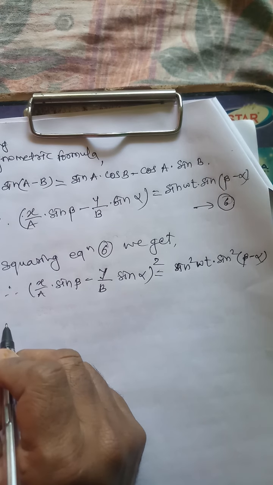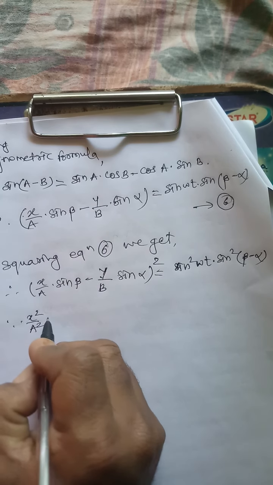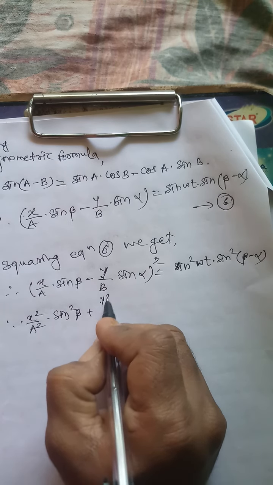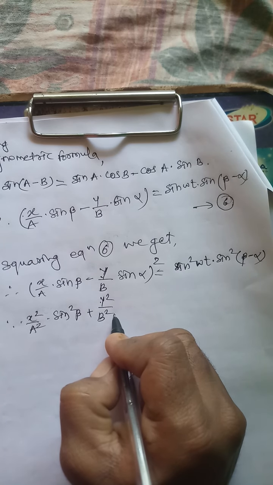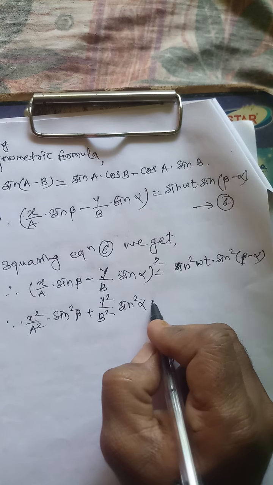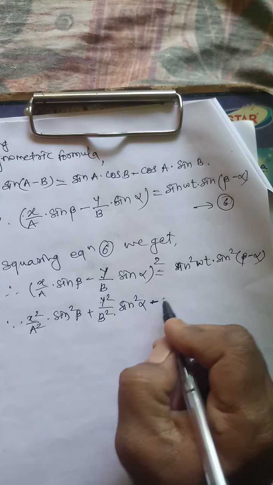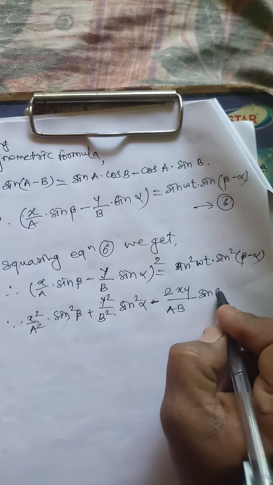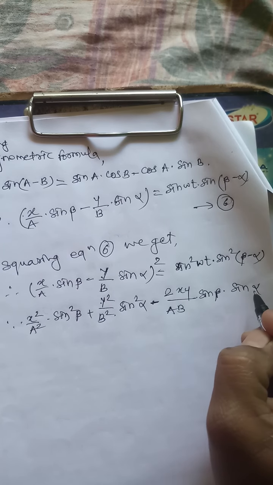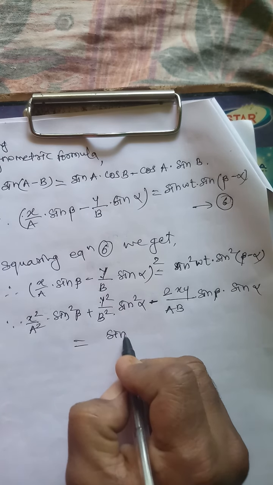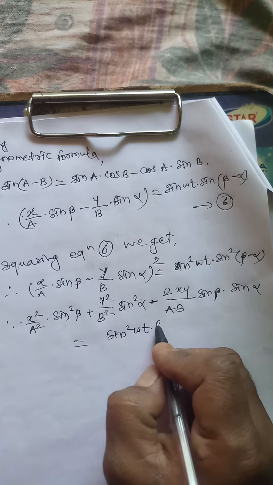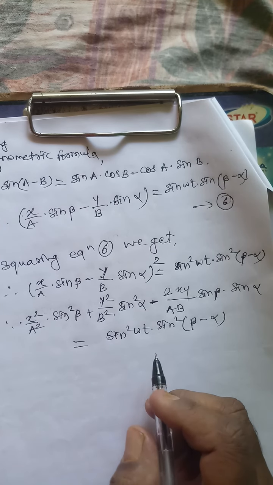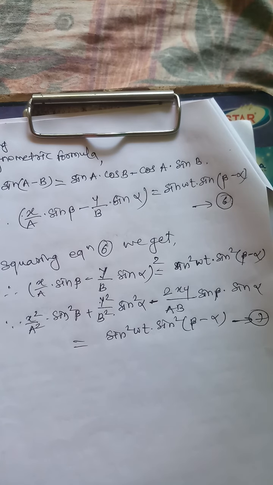Solving this, we get x square upon a square into sine square beta plus y square upon b square into sine square alpha minus 2xy upon ab into sine of beta into sine of alpha is equal to sine square omega t into sine square of beta minus alpha.